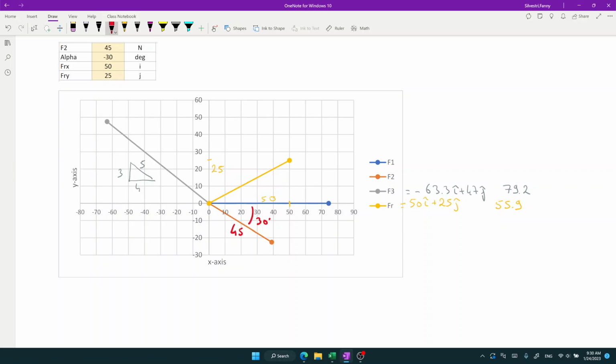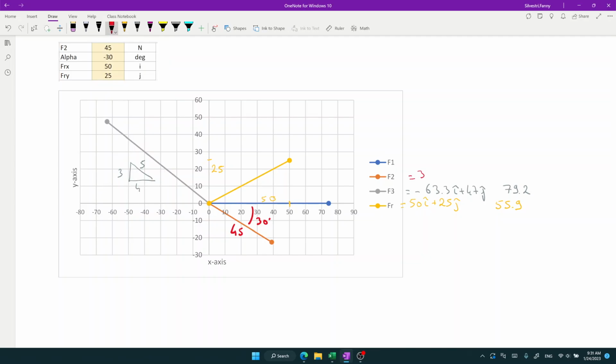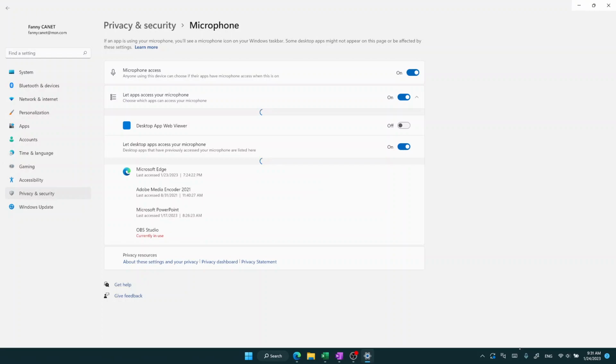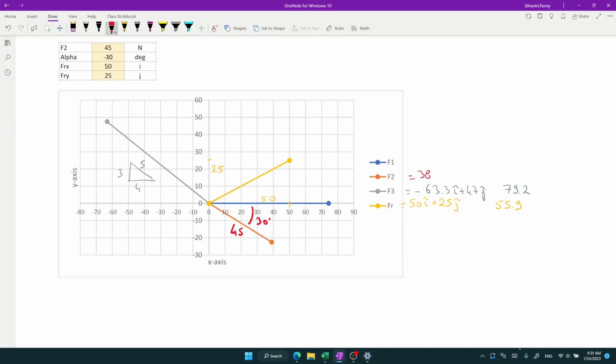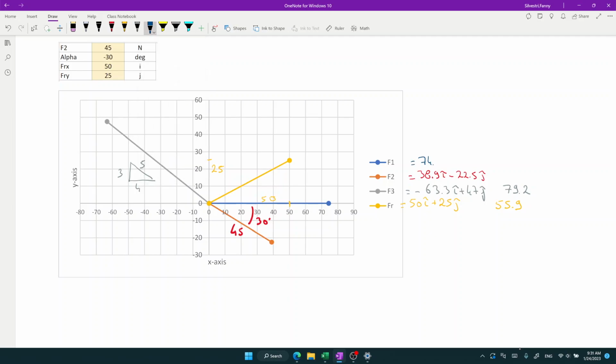F2, in dark orange, is 38.9 i-hat and minus 22.5 j-hat, and the magnitude is 45. And F1, at the end, we found F1, and this is 74.4 i-hat.